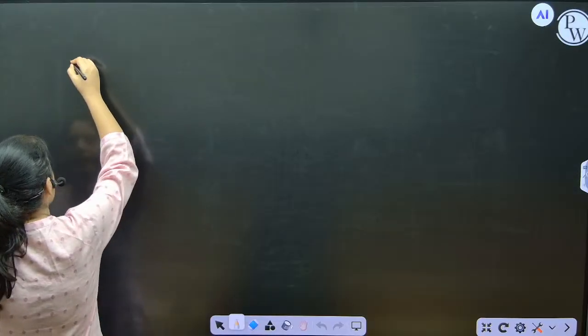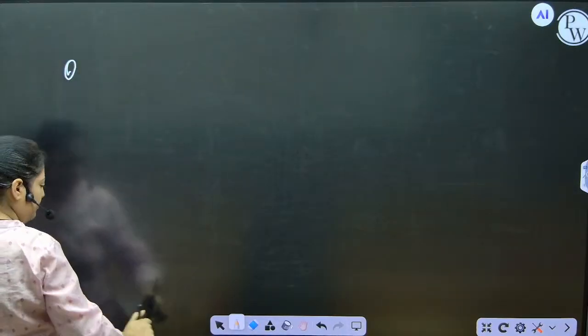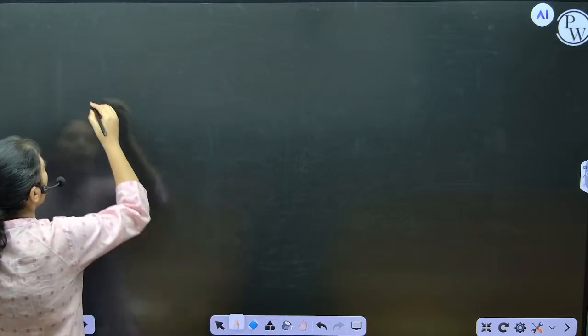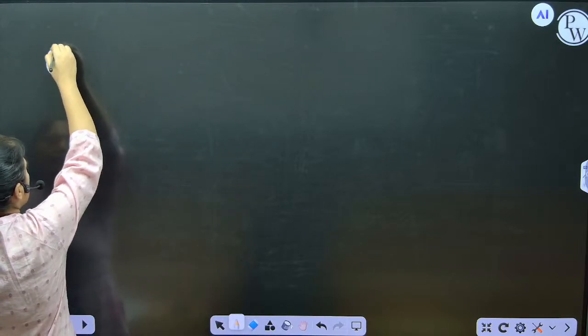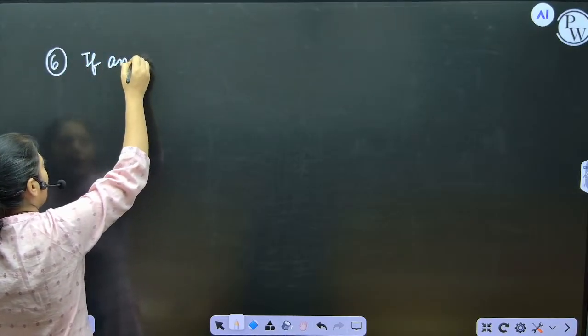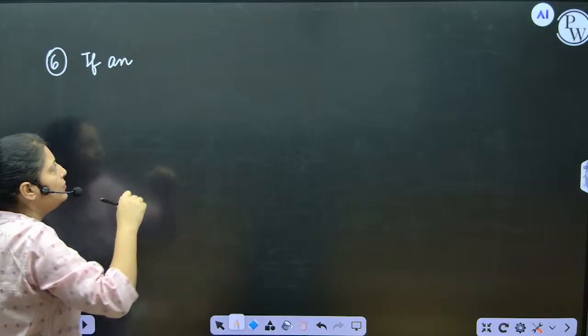Now one property is there. Property number 6.